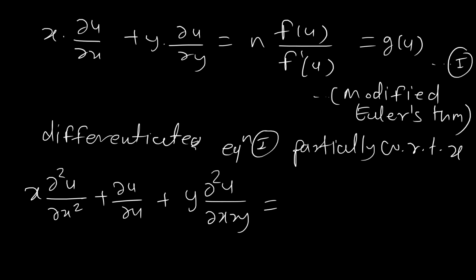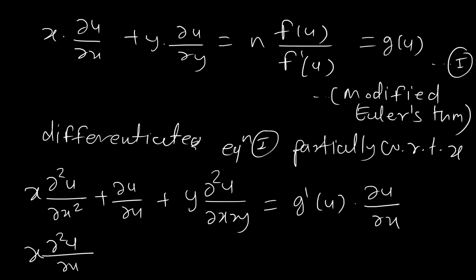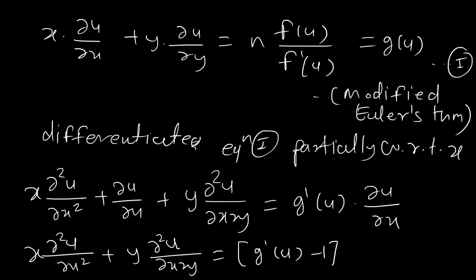On the RHS, since g of u is a function of x, its derivative will be g dash of u into dou u by dou x. So by shifting the term dou u by dou x to the RHS, we get x times dou 2u by dou x square plus y times dou 2u by dou x dou y equals, in bracket, g dash of u minus 1, into dou u by dou x. Let us call it equation number 2.